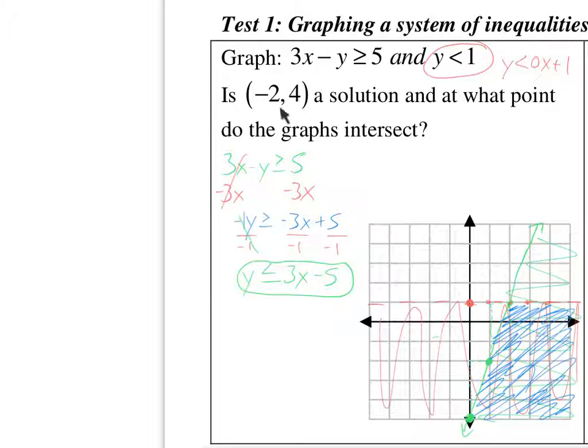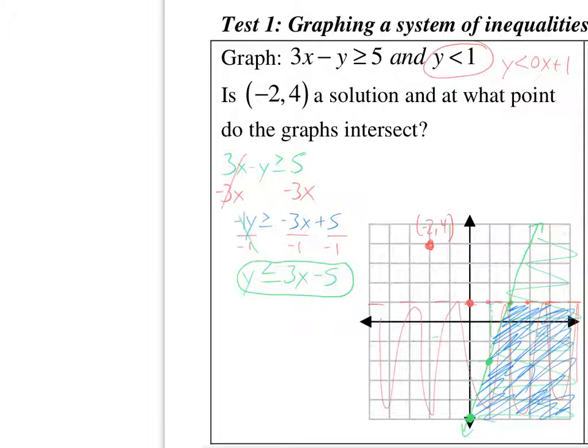Alrighty, now I want to check this point to see if it's a solution. So let's plot that point: negative 2, 4. Negative 2 would be over here. So my negative 2, 4 is right there. Is negative 2, 4 a coordinate in the double shaded blue area? Not even close.